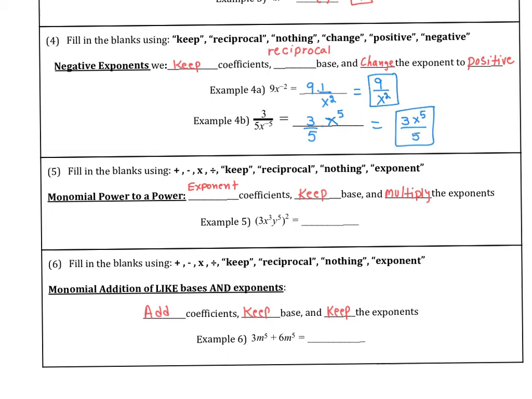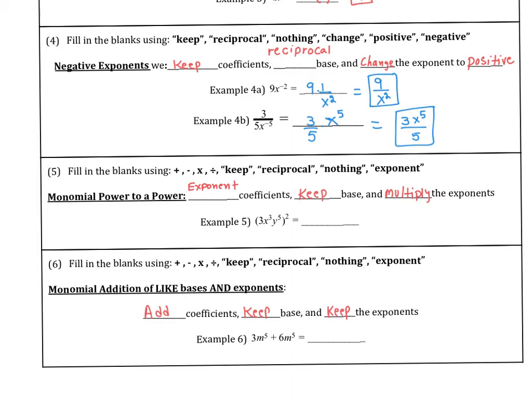The next one is monomial addition of like bases and exponents. So if you have like bases and like exponents, then you can add the coefficients. The coefficient of this term is 3, coefficient of this term is 6. We can add these two as long as we have the same variable and the same exponent.